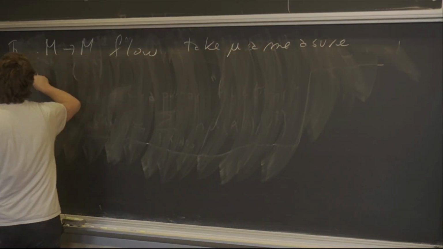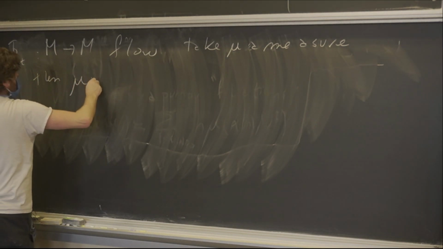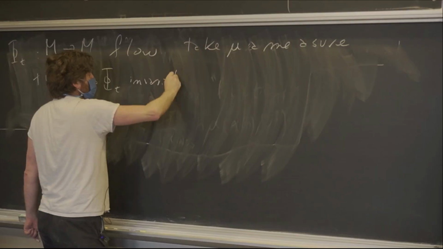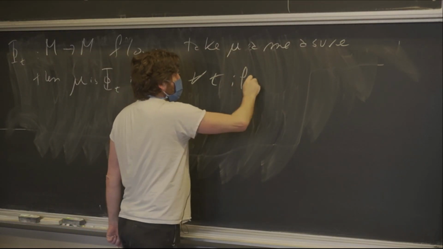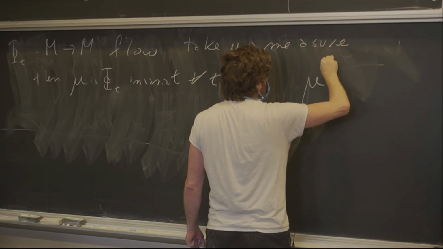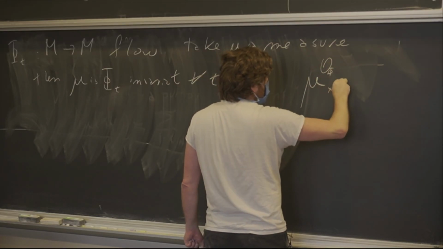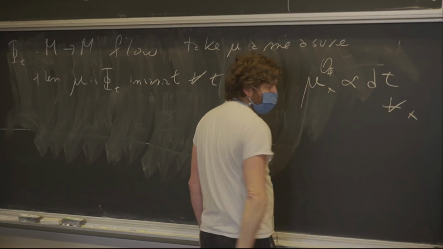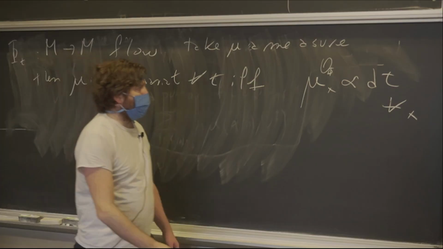Then mu is phi t invariant for every t if and only if the conditional measure along the orbits of phi x is proportional to dt, for almost every x.